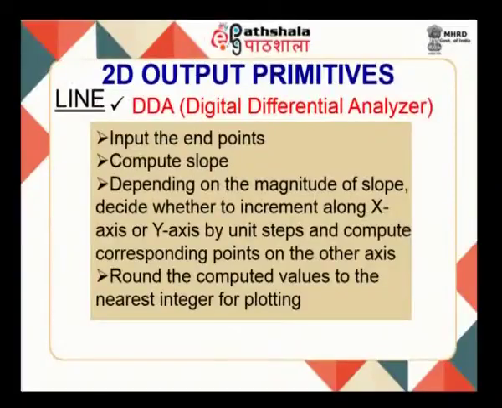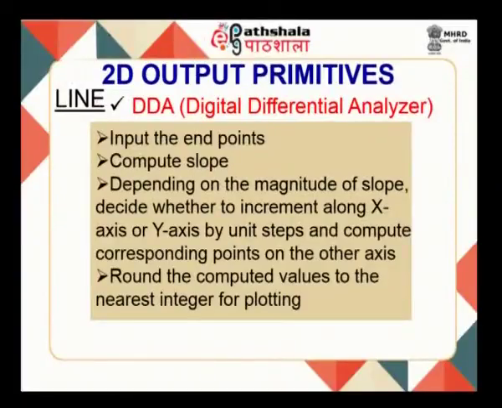If the denominator becomes 0, that means if you have to draw a vertical line, dx becomes 0, and if you take dy by dx, it becomes infinite and your program hangs. So, rather than taking the division dy by dx, better compare the values of dy and dx.